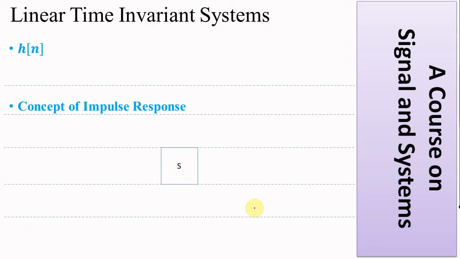So first of all, we take up the case of discrete time systems and we introduce something which is called h of n. h of n is called the impulse response of the system, which is basically the response of the system when at the input I apply the unit impulse signal.